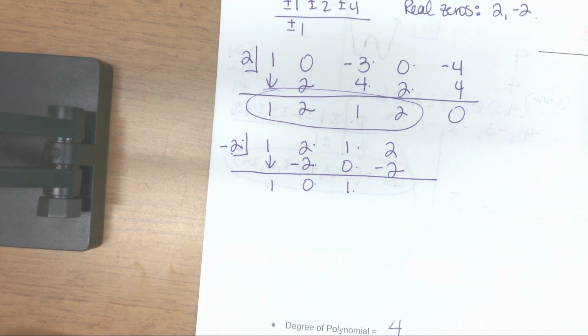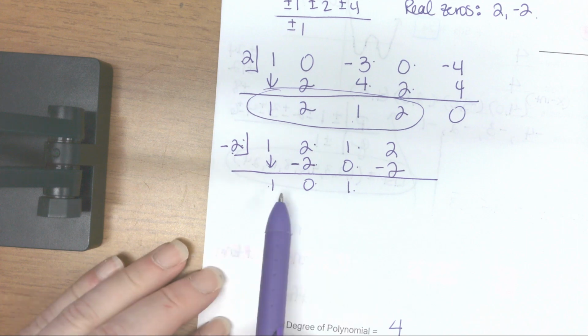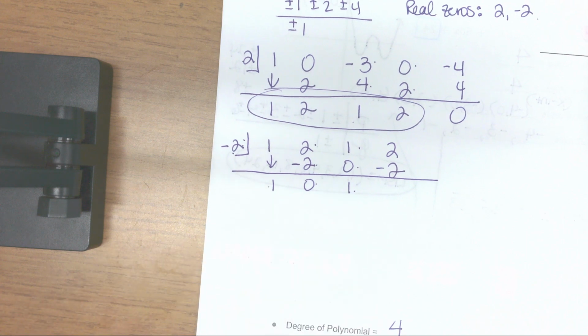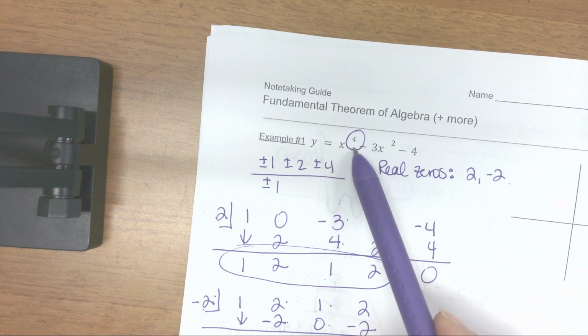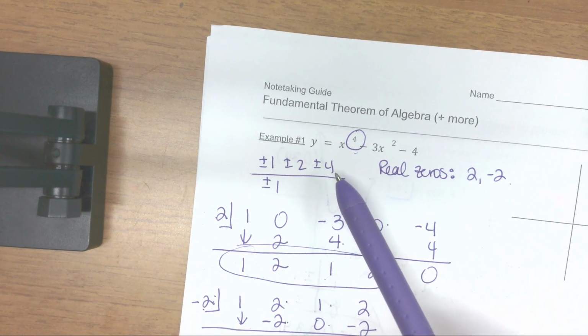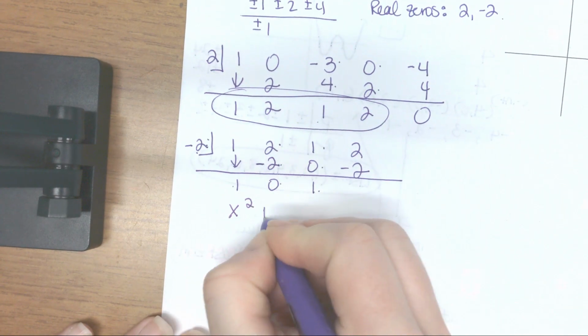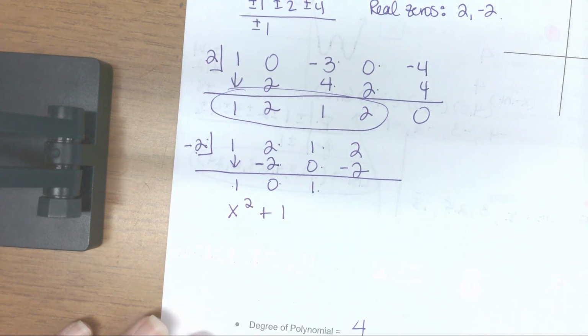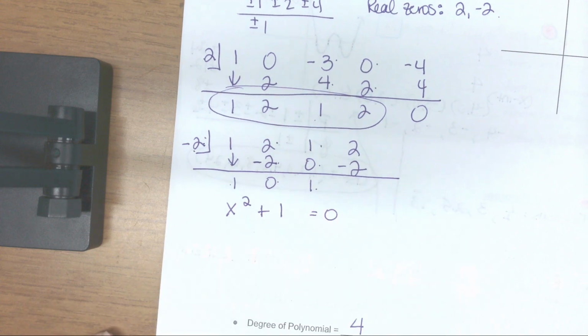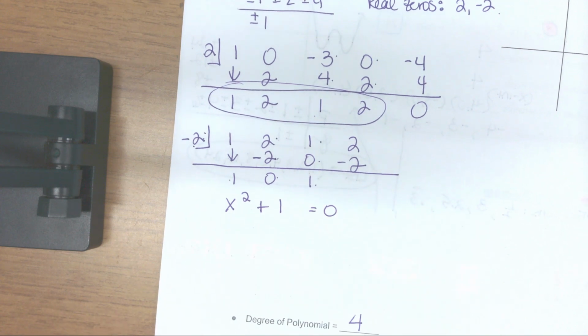Now, what polynomial is this? Hint, we started with a degree 4 and we divided off x twice. This is x squared plus 1. Okay. So to find the imaginary zeros, what I do is I set it equal to 0 and I solve. We did this about a month ago.